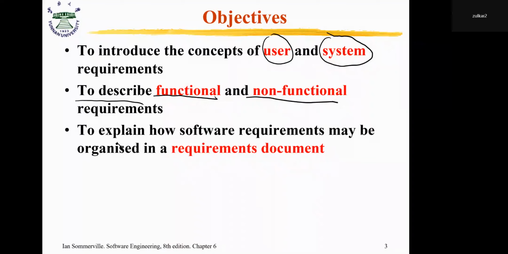Like if you have a calculator, but it takes 10 hours to do 2 plus 2, that is not usable. So the non-functional requirement is to make it do the calculations fast or to be intuitive, easy to use. These type of things, secure, reliable, and it does not crash every 2 minutes. These things are non-functional requirements, as far as I remember.